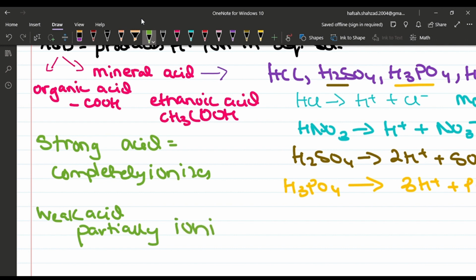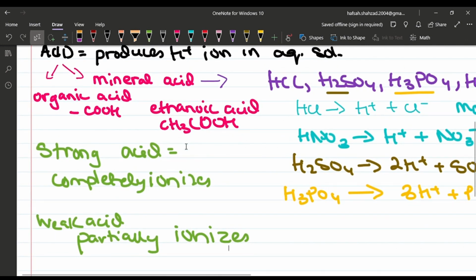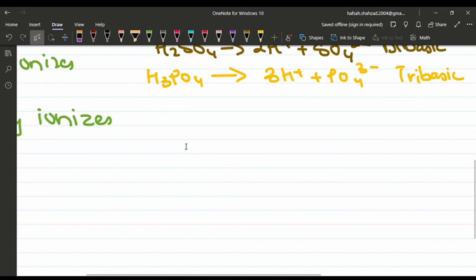Furthermore, if you know what acidity and basicity mean, acidity is the value a compound has on the pH scale. In the pH scale we have values from 1 to 14.